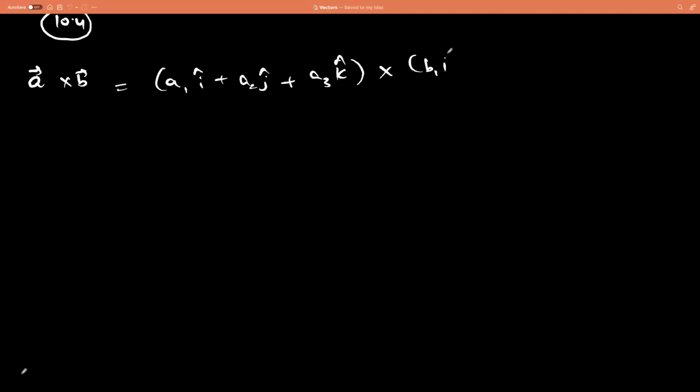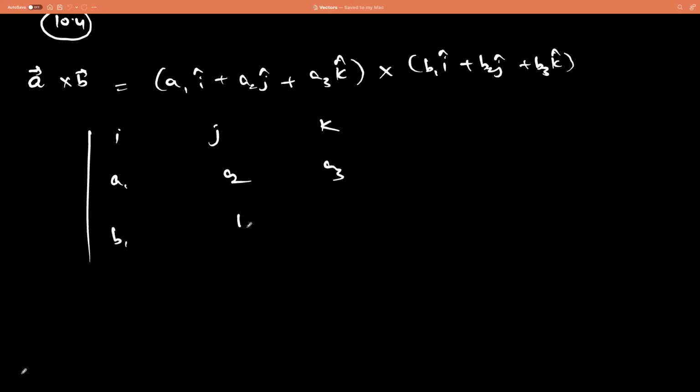So you will find it using i, j, k, and you will have a1, a2, a3, and b1, b2, b3. Remaining things you already know.